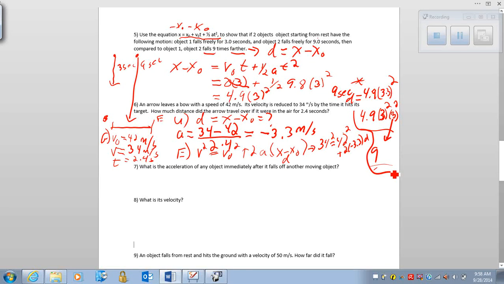Okay, I will leave that to your fine algebra skills to get the answer. In class, I'll go over that. I don't have quite enough room here to do that, so that is now just an algebra problem. You're going to subtract 42 squared from each side, and then divide each side by 2 times negative 3.3.